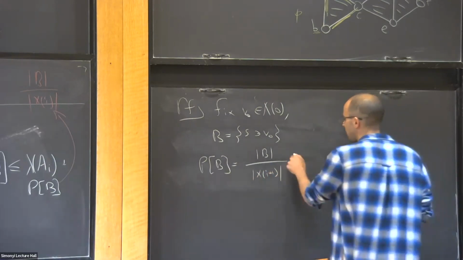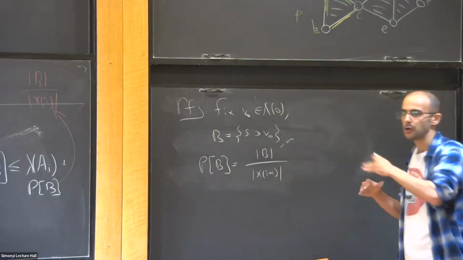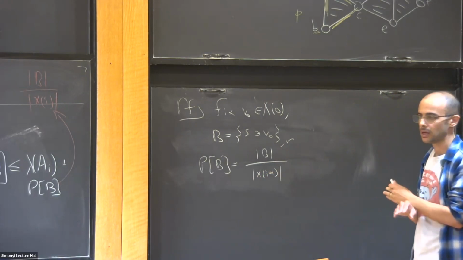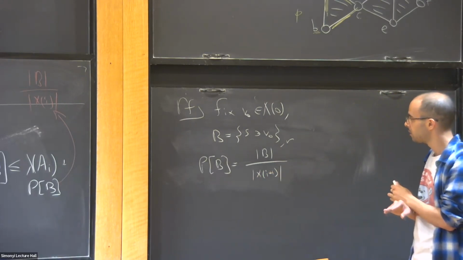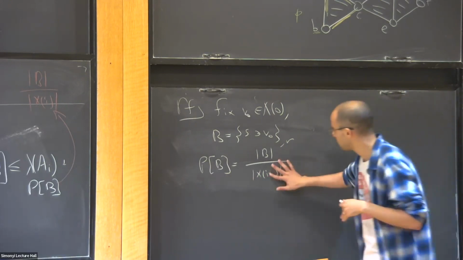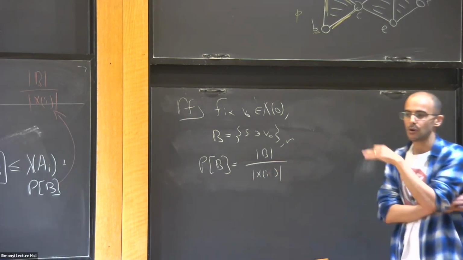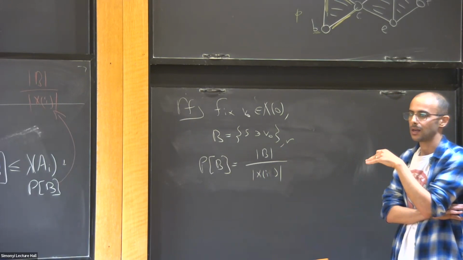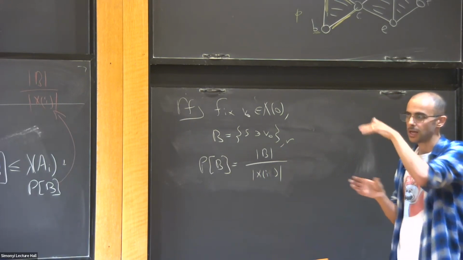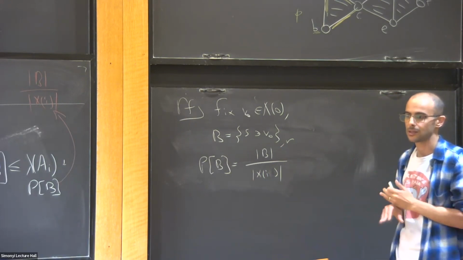Let's denote the size of B as R, for the regularity, for the number of I plus 1 faces. Wait, no, sorry, I need I faces. The number of I faces that are containing this specific vertex, and this is regular.